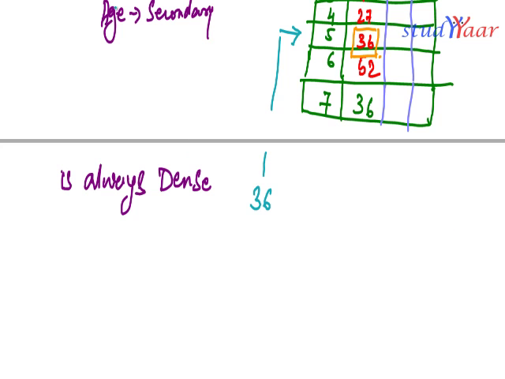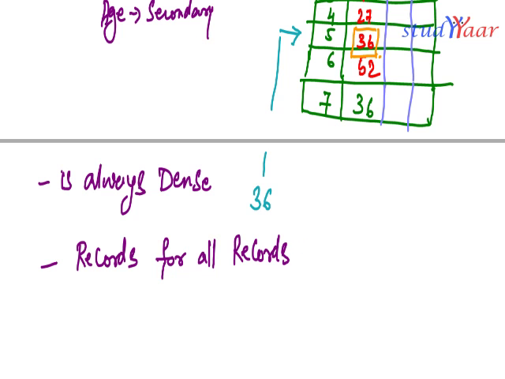Therefore, a secondary index has an entry for all records with the same search key value.